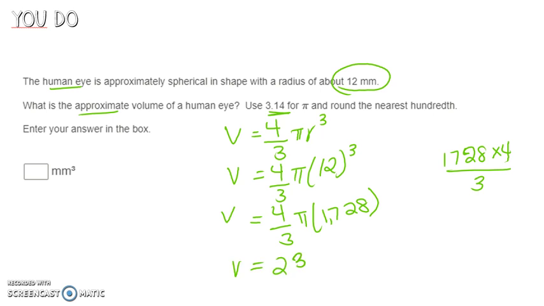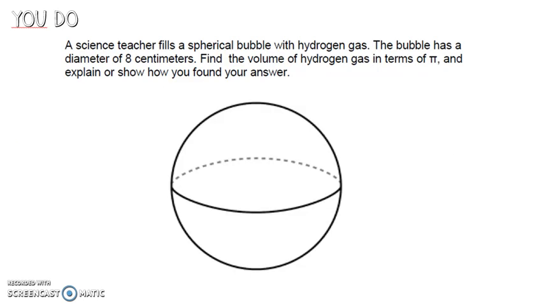Either way, we are looking at an exact volume of 2,304 pi, or an approximate volume, if we multiply by 3.14, of 7,234.56. So our final answer was 7,234.56 millimeters cubed.